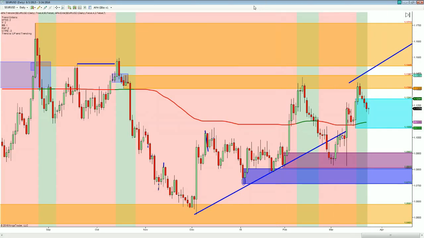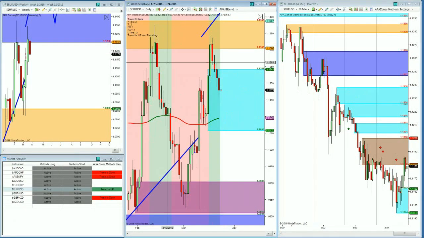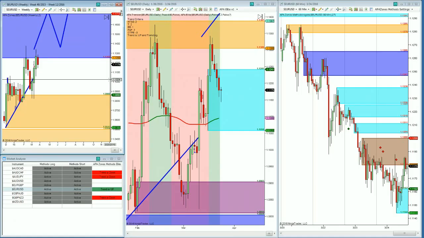Yeah, and the interesting thing is the software is now saying that we're starting a new uptrend due to a few different factors. And I think that's interesting because we were looking at a really big pattern on the weekly last week. If you guys didn't see the video, please go back and review that one.